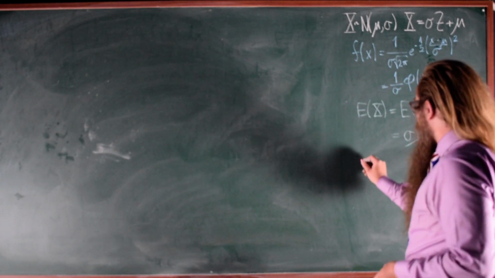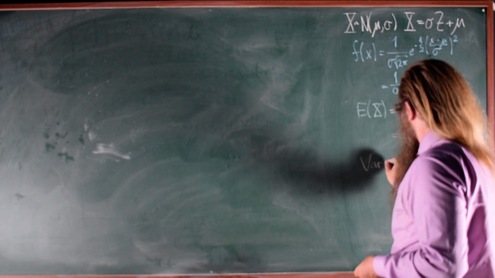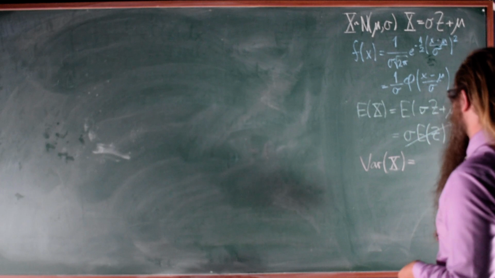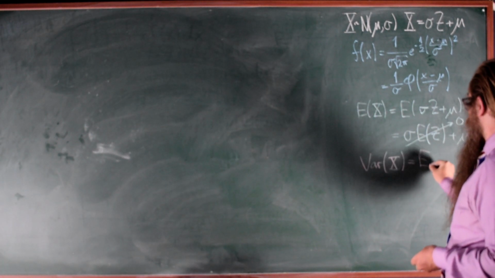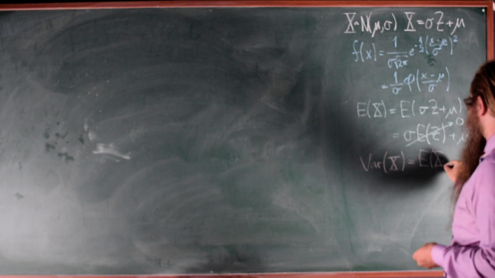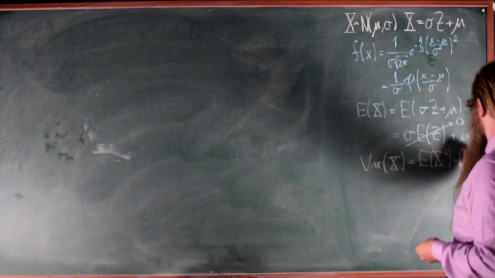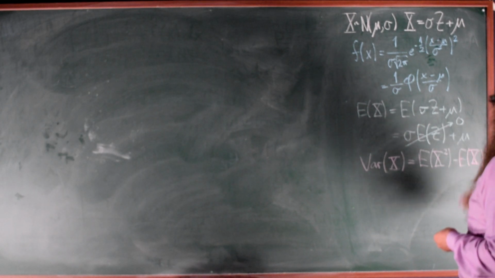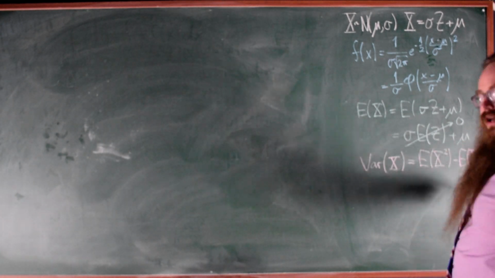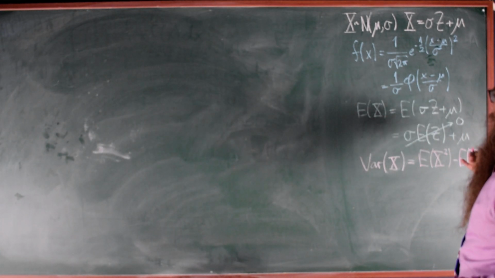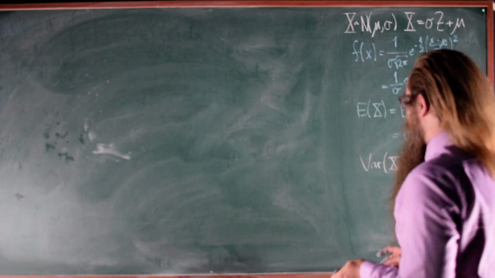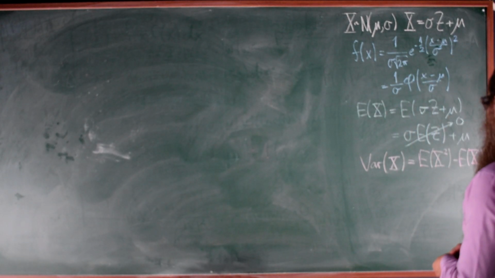I also want to make a statement on the variance of x. It's going to be the same as the expected value of x squared minus the expected value of x, squared. I might have to flip these terms. I can never remember if the square is outside or inside. Never mind, it's not my main topic of investigation.